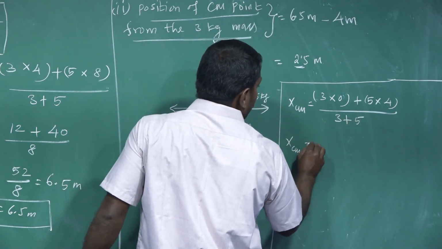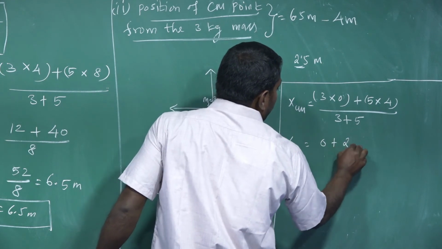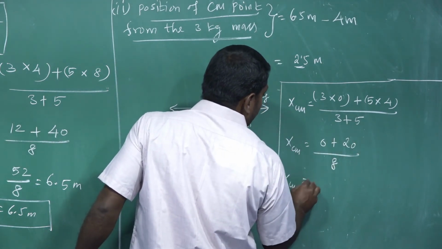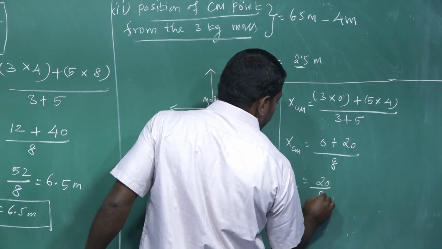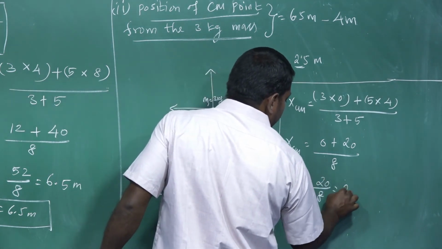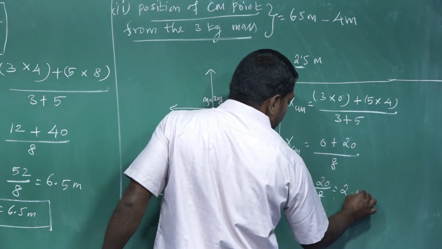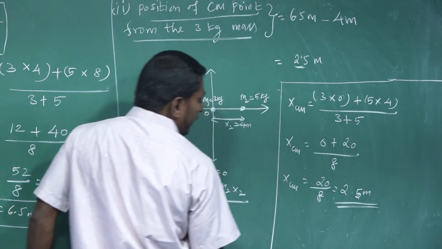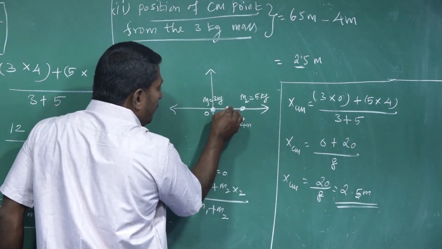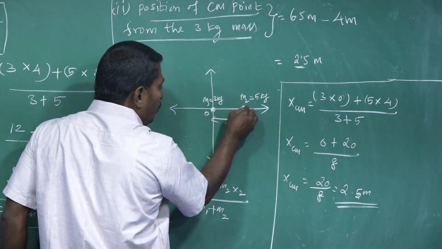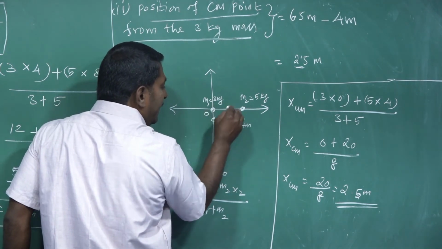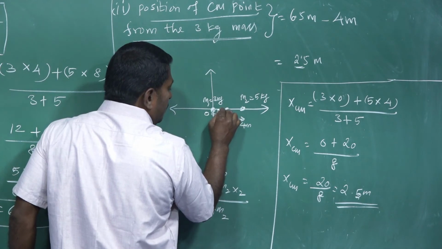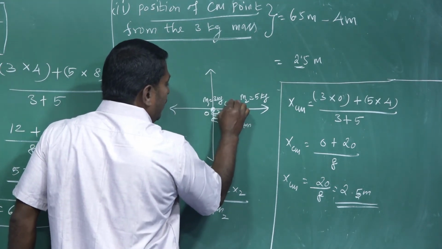The XCM which is equal to 0 plus 20 divided by 8. So XCM which is equal to 20 divided by 8, 2.5 meter. So it is another way to determine the position of the center of mass point of the 2 point masses from the 3 kg mass. 2.5 meter center of mass point.